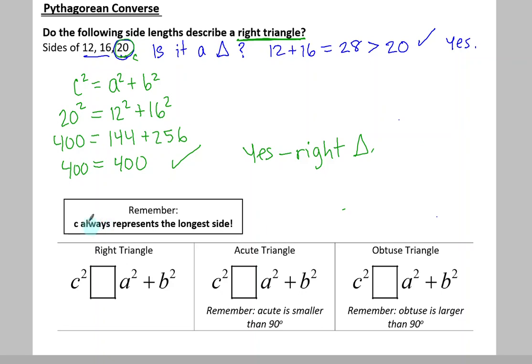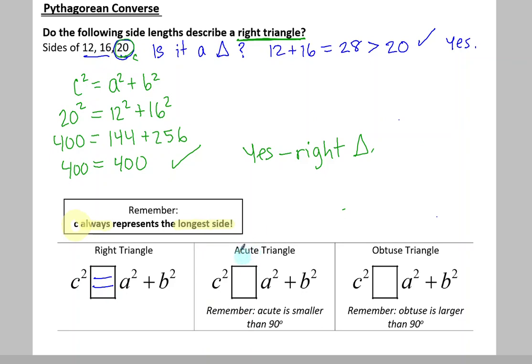Remember that C always represents the longest side. The greatest of the three numbers will always be our C. We've just shown how we can get a right triangle when C squared equals A squared plus B squared.